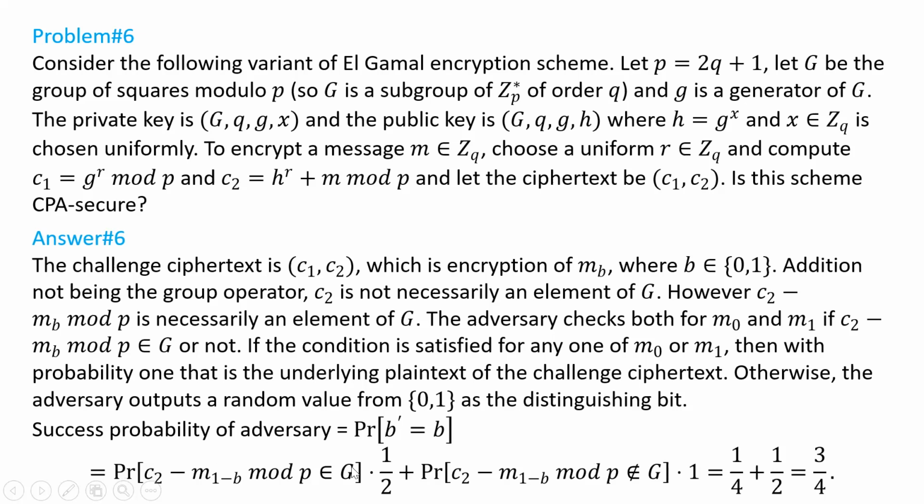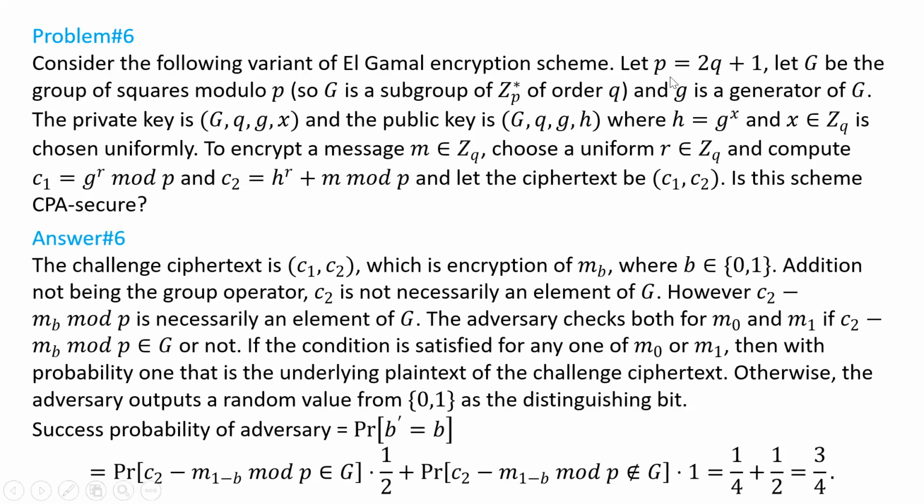And looking at the probability value that C2 minus M1 minus B mod P belongs to G, as I said, it is exactly half. Why? Because P is of the form 2Q plus 1. So ZP star actually has P minus 1 elements, right?